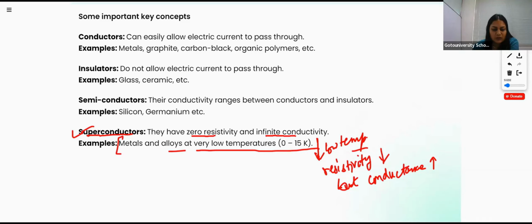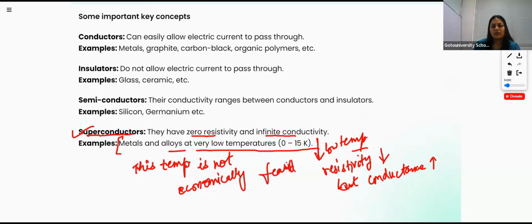But this temperature is hard to achieve. This temperature is not economically feasible, so superconductors are not easily available.